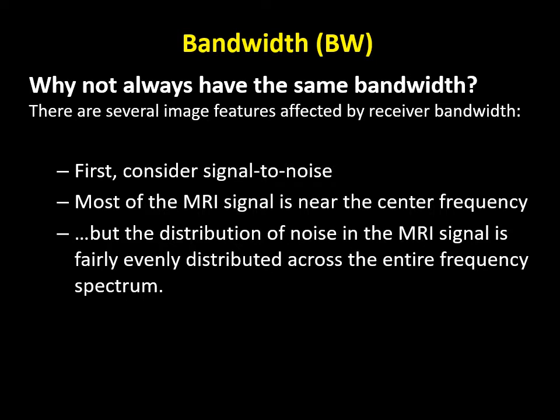With respect to bandwidth, why bother with bandwidth? Why not always have the same bandwidth all the time? Well, there are several image features that are affected by receiver bandwidth. First, let's consider signal to noise. Most of the MRI signal is near the center frequency, but the distribution of noise in the MRI signal is fairly evenly distributed across the entire frequency spectrum.